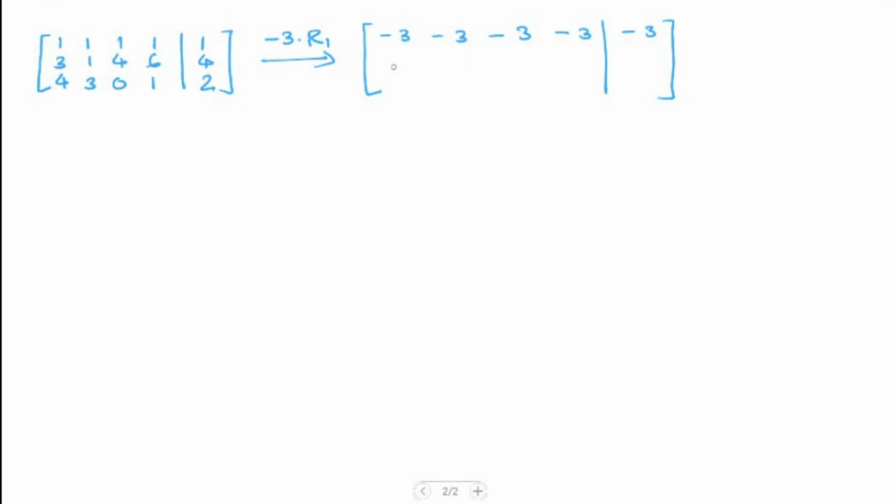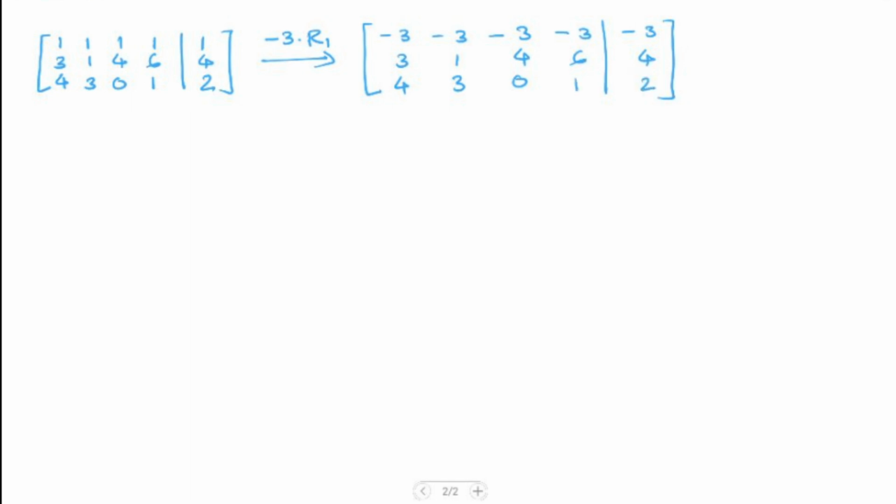And here we'll have the rows as it was: 3, 1, 4, 6, 4, 4, 3, 0, 1, 2.